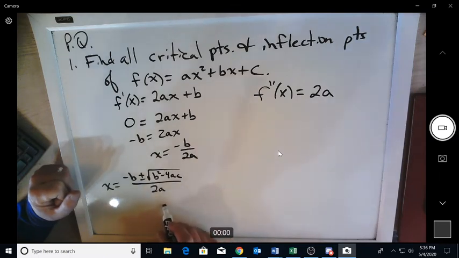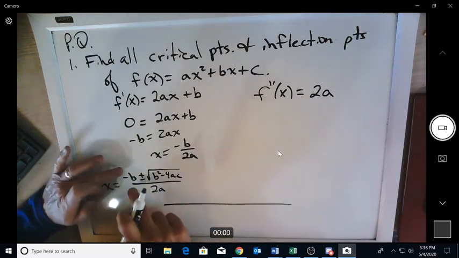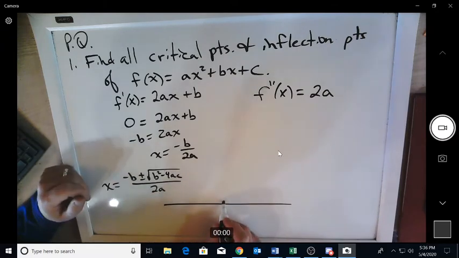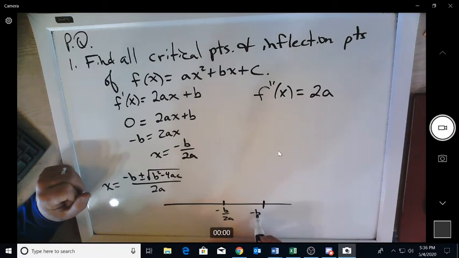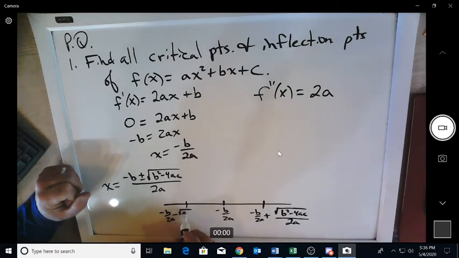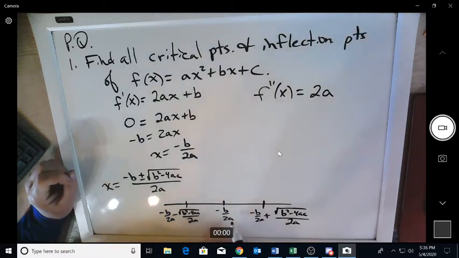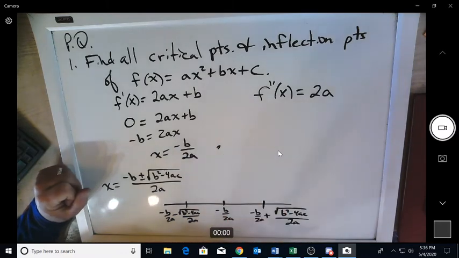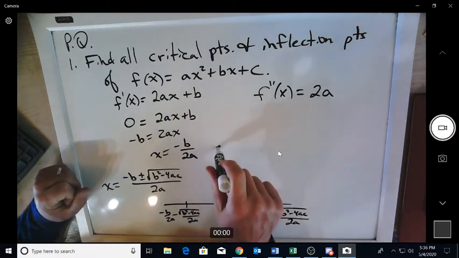If you break it up into this fraction, plus and minus the same amount, you see that this is where the parabola has to have its high point or low point.